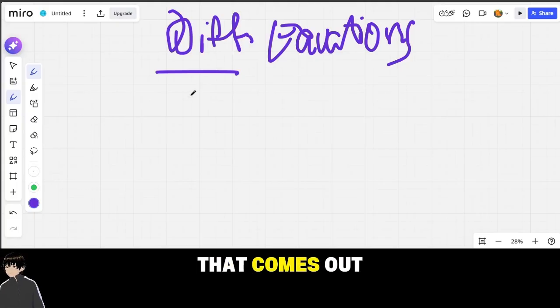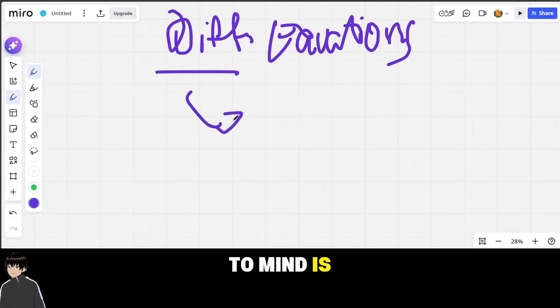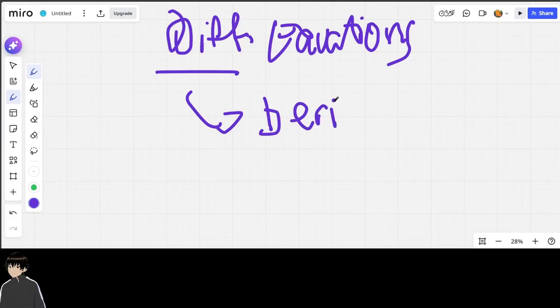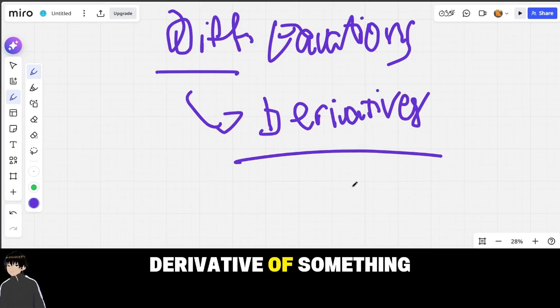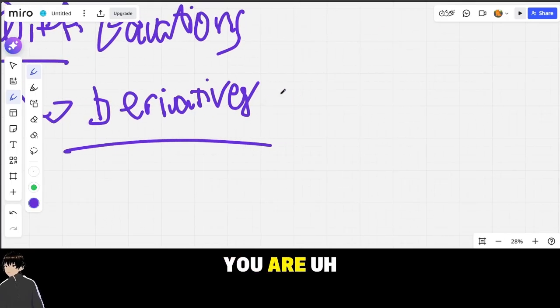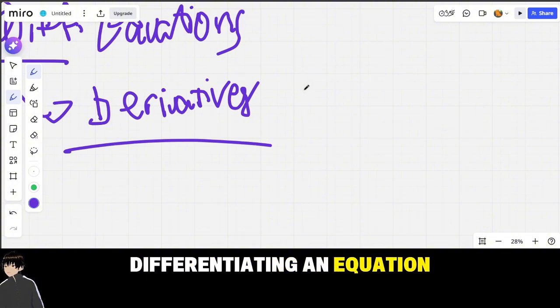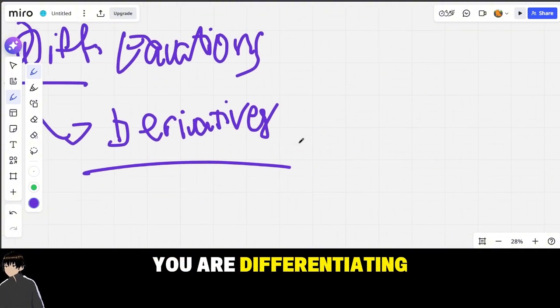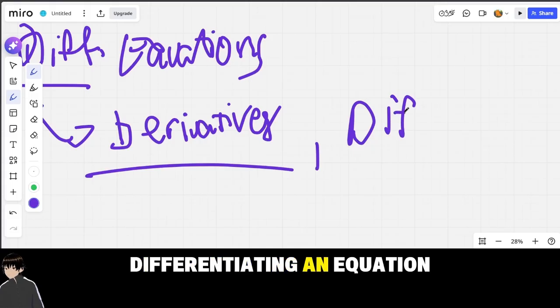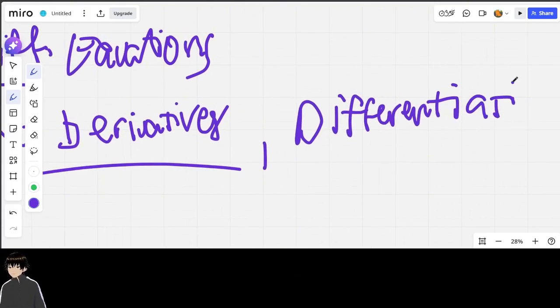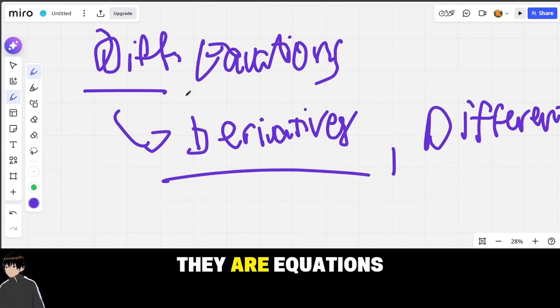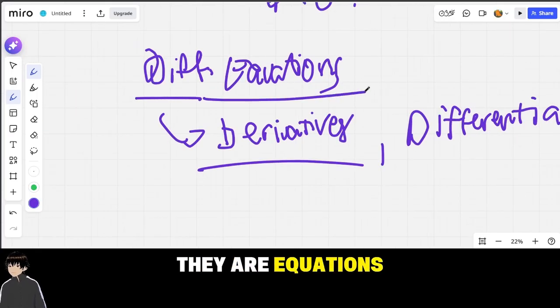Well, the first thing that comes to mind is derivatives. So when you're looking for a derivative of something, you are differentiating an equation, and that's basically what differential equations are. They are equations that have derivatives in them.